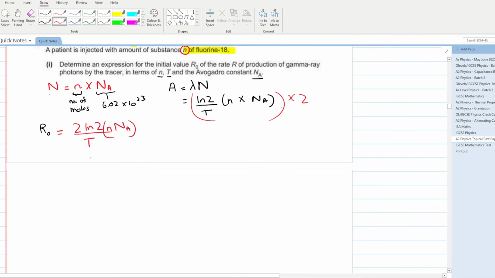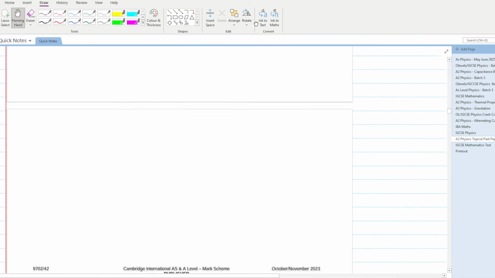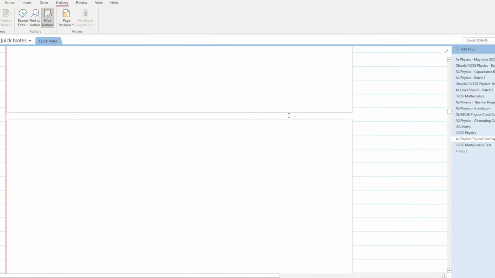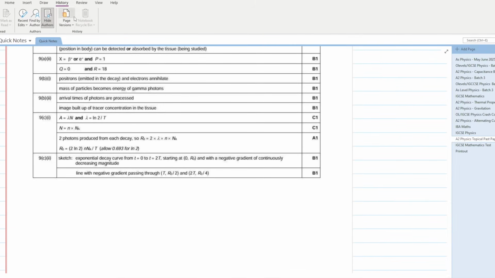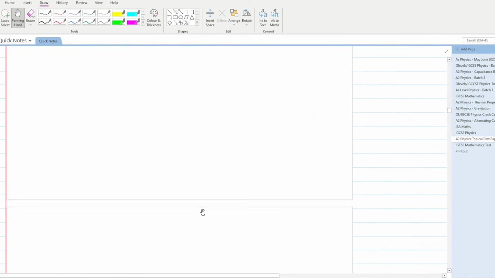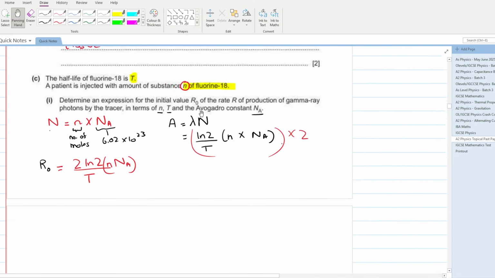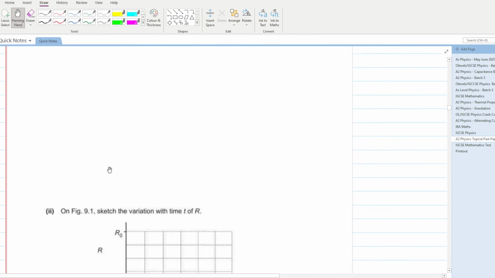Something like this should be your answer. Let's also verify it from the marking scheme so that we don't make a blunder here. Yes, see, we have given the correct answer: 2 ln 2 n N_A over T. They have just formatted it differently. Okay, now let's further move ahead.